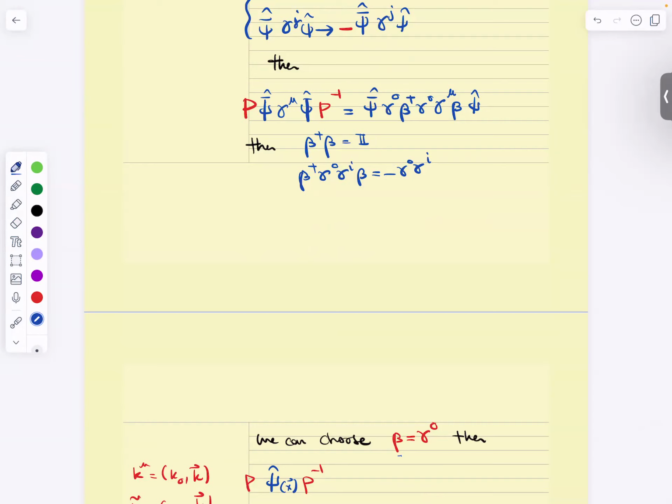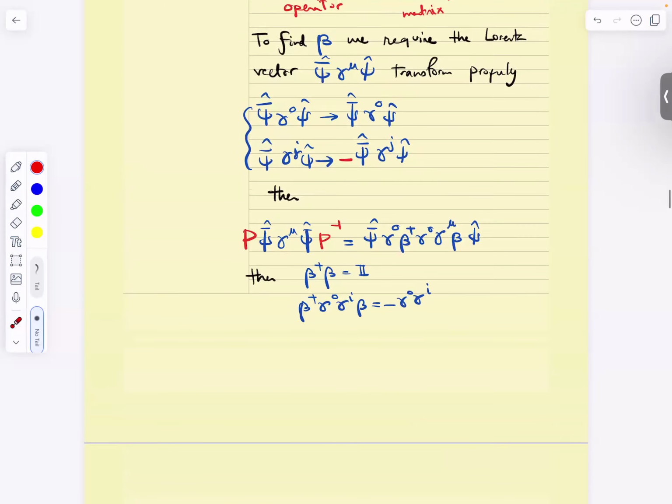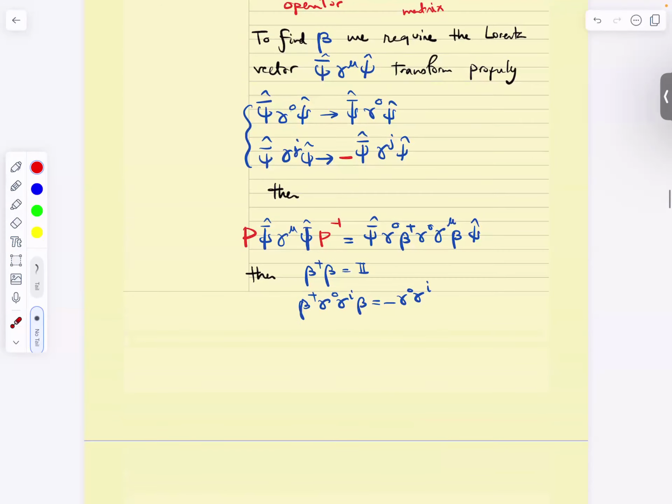So clearly, if I'm looking at how P acts on this, P acts on psi and gives you beta psi. So that term is good. Then P acts on gamma mu. This should be the transformation of the other one.